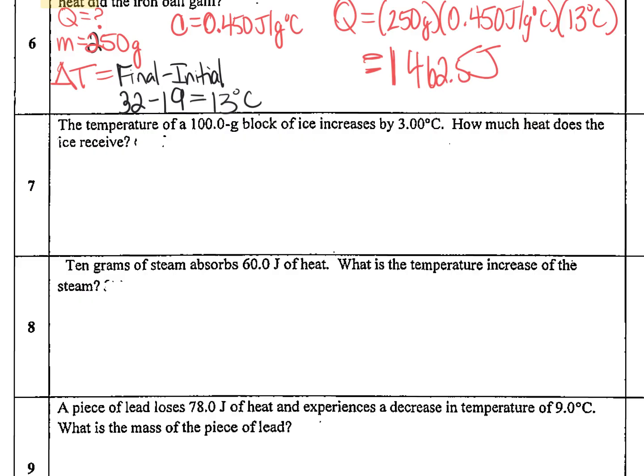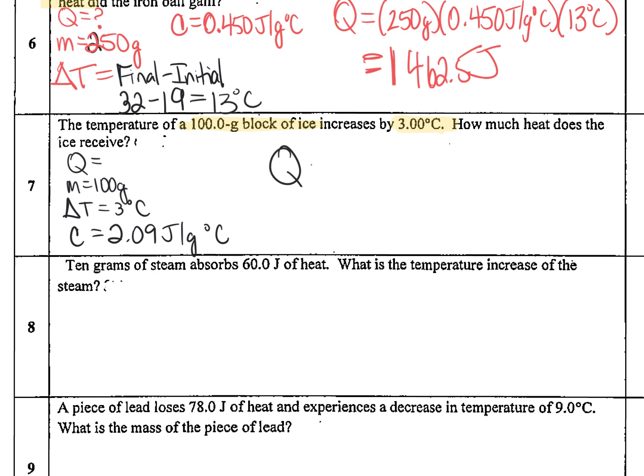All right, the next problem says the temperature of a 100 gram block of ice is increased by 3 degrees Celsius. How much heat does it receive? So that means we're going to want to find the Q. It means that we are going to have a mass of 100 grams. We are going to have a temperature change of 3 degrees Celsius, and we're going to need to look at the chart on the previous page. The specific heat of ice is 2.09 joules per gram degrees Celsius.